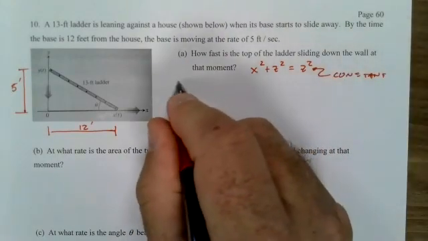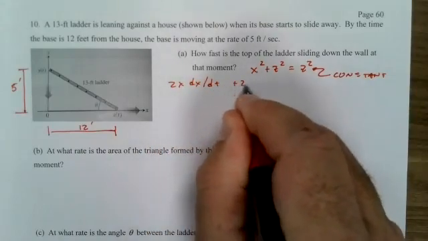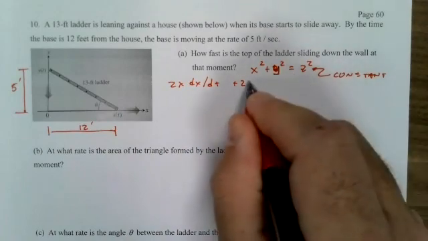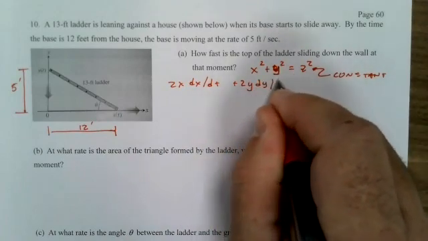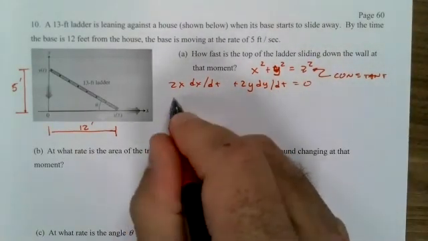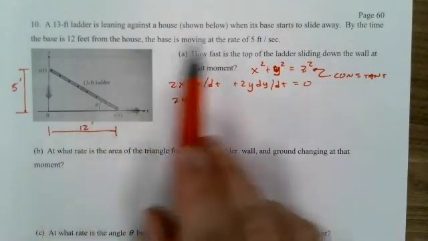So when I do this, I'm going to shortcut a little bit. 2x dx/dt plus 2y dy/dt equals 0. That's so weird. 24. And what's going on here?